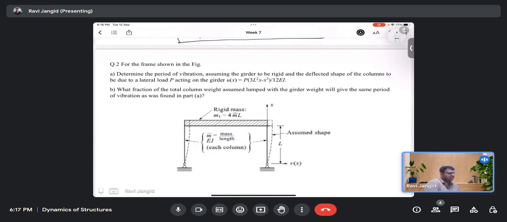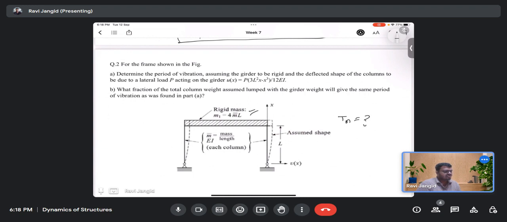Now we have a question in which we have considered the mass as well, like a frame is shown in the figure, and we need to determine the time period of the system by assuming my girder is a very rigid mass, and the deflected shape of the column to be due to the lateral force p.